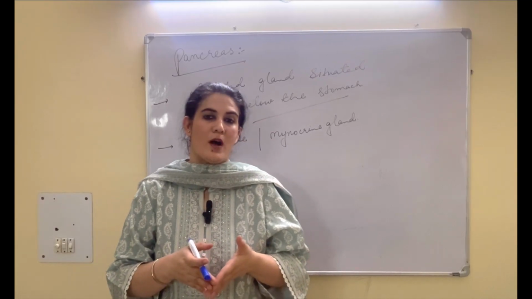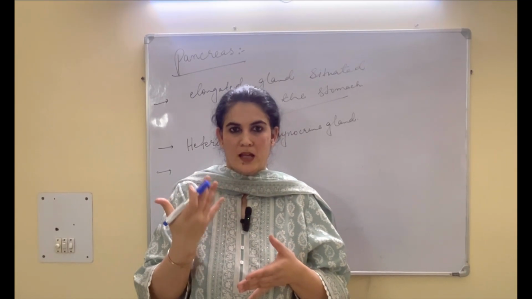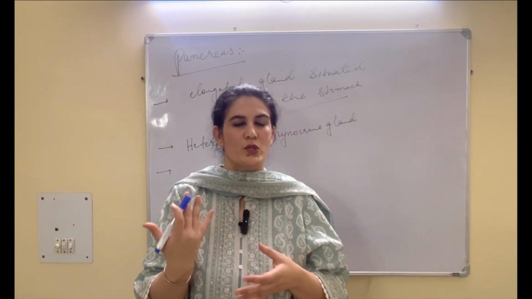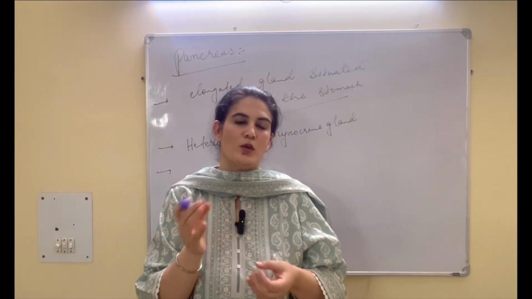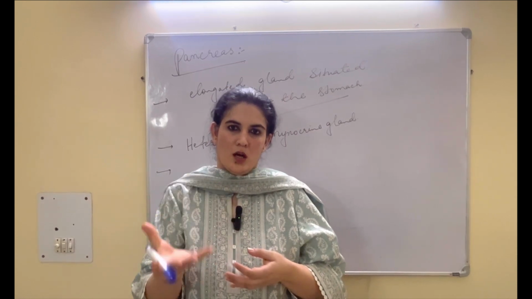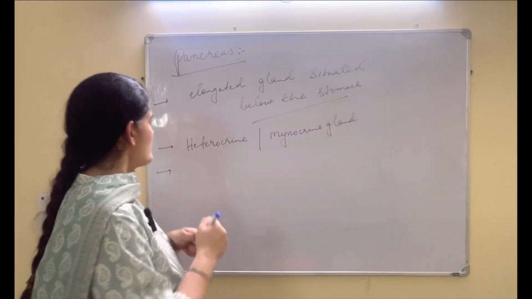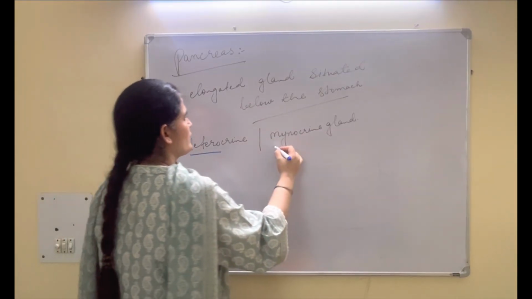Now if we talk about endocrine and exocrine, endocrine is that type of gland which pours its secretions directly into the blood, and exocrine is that type of gland which pours its secretion through a duct. So it is known as the heterocrine or myxocrine gland.